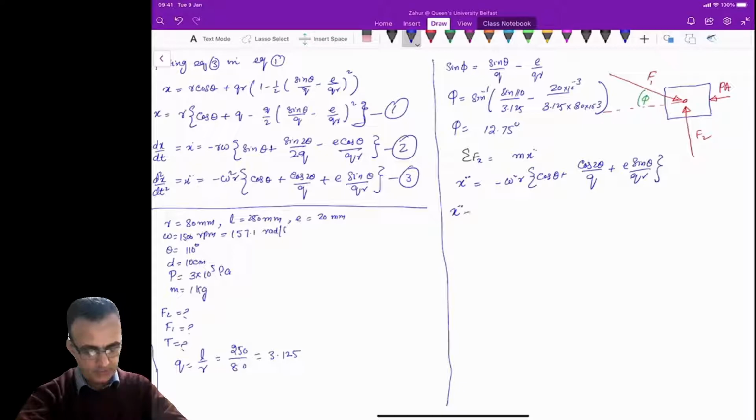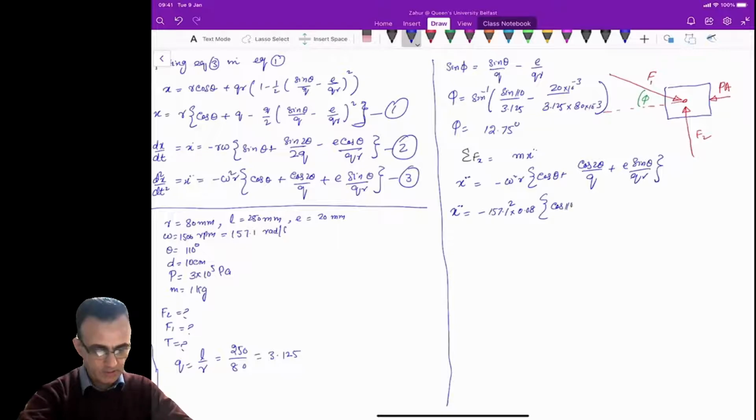So if you just put the values here, minus omega square, where omega is 157.1 square into r is 80, so 0.08 here, and then in the bracket you have cos angle is 110 and plus cos 2 theta, so 2 times 110, and q is 3.125, and plus e is again 0.02, and again sine 110, and divided by qr, so q is 3.125 and r is 0.08.